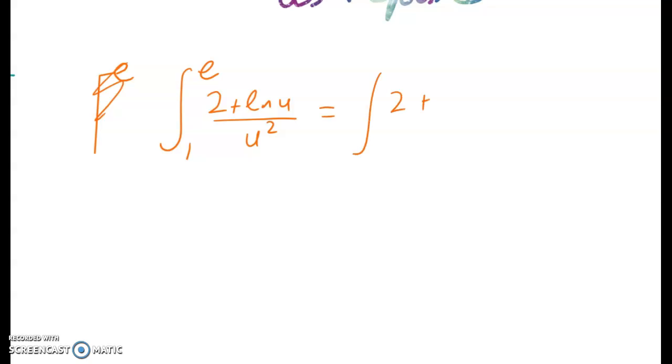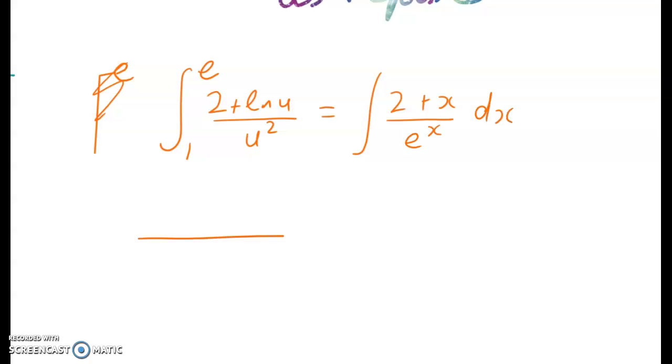The only tricky bit left is to change my limits of integration. So we've got from e to 1, 2 plus the log of u over u squared, and we've done all of this bit. We've got 2 plus x over e to the x dx.